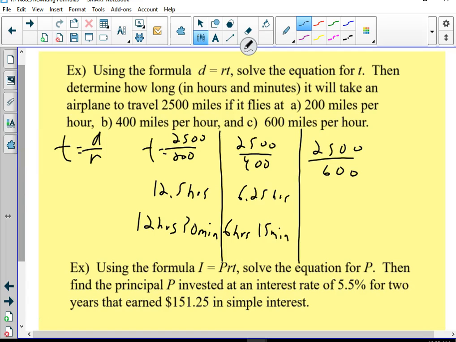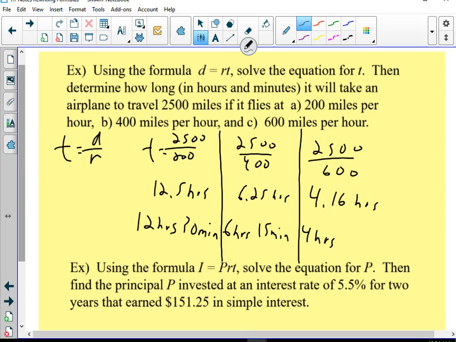And then 2,500 divided by 600. What is it? 4.16. Okay, so that's 4 hours.